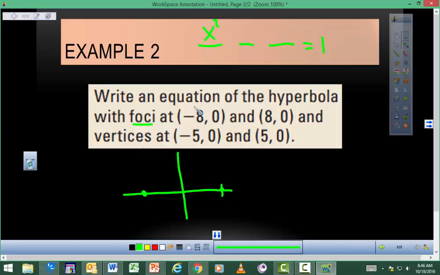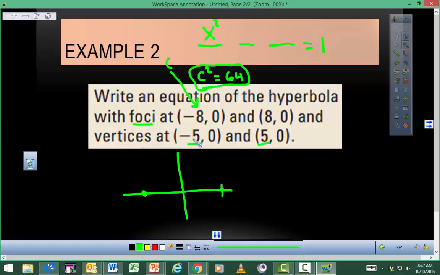And so what we've identified for you is the C value. That's your C. Well, if that's your C value, then what's C squared? Quickly, you should say 64. Not 92. Okay, so we figured out 64. Now, we're also told that we have some vertices.